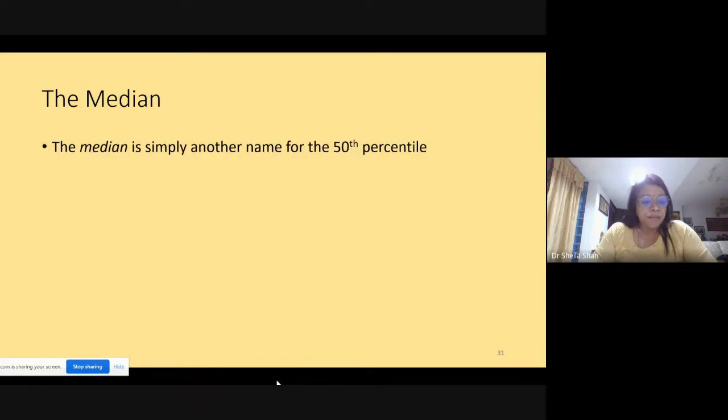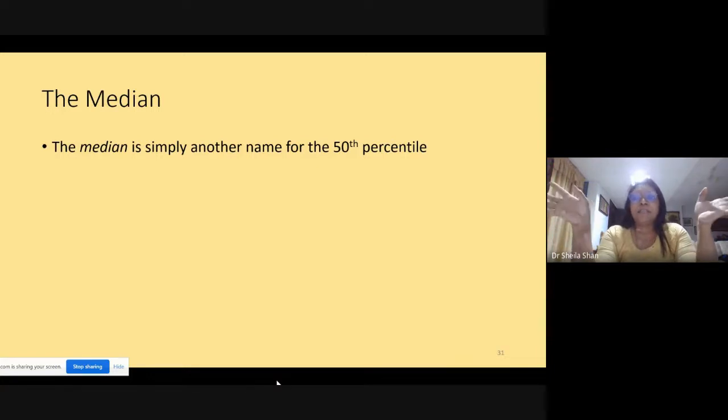Median. Median is simply another name for the 50th percentile. That means it is the middle number. That means you are finding the middle number. So if you have 12 numbers, you add up the 12 numbers and divide by 12.